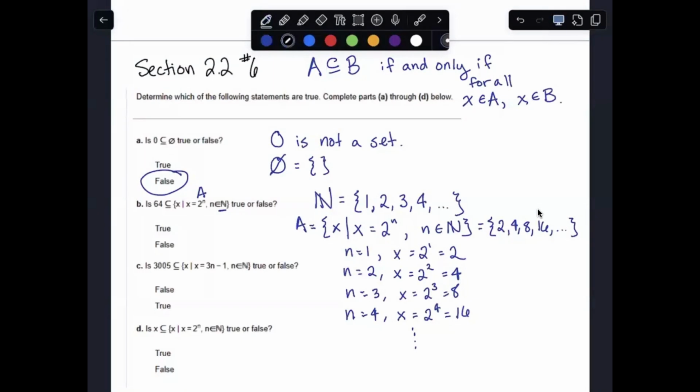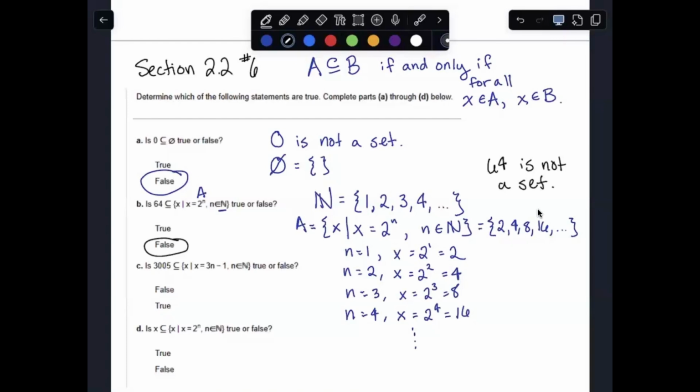Now, similarly to part A, this statement has to be false because 64 is not a set. It's just a number. So it's not possible for 64 to be a subset of another set.